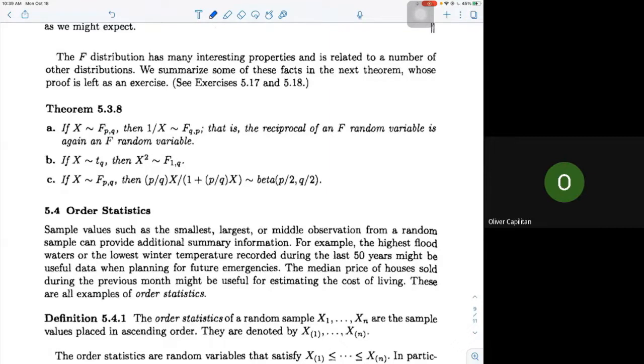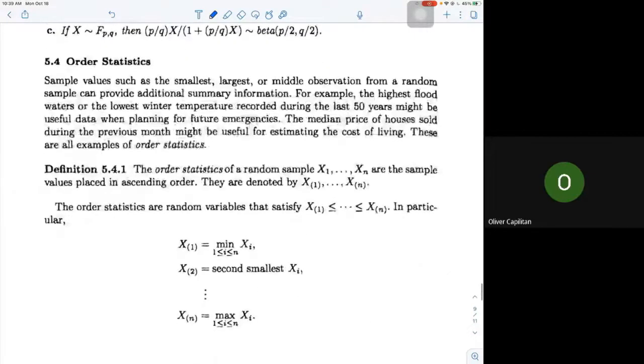Okay, so let us proceed to section 4 of chapter 5. We have the order statistics. Sample values such as the smallest, the largest, the middle observation from a random sample can provide additional summary information. We have a particular example here.